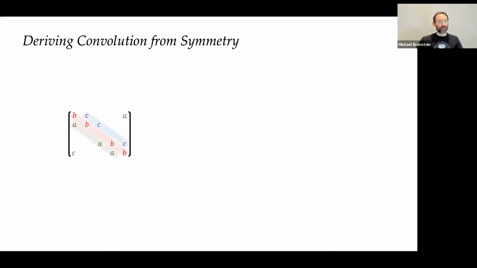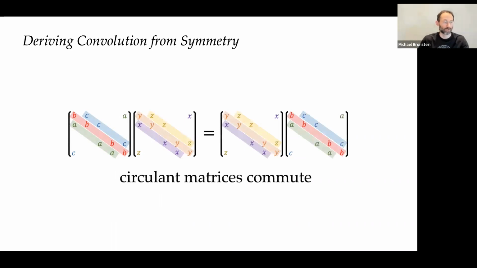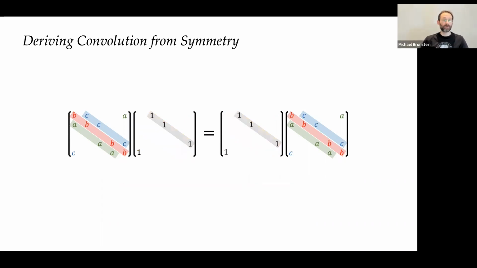Now, what is special about convolutions or circulant matrices is that unlike the general matrix product, which is not commutative, or in other words, AB is not equal to BA, it is actually the case for circulant matrices that they commute under multiplication. And in particular, they commute with a special circulant matrix that cyclically shifts the elements of a vector by 1 position.